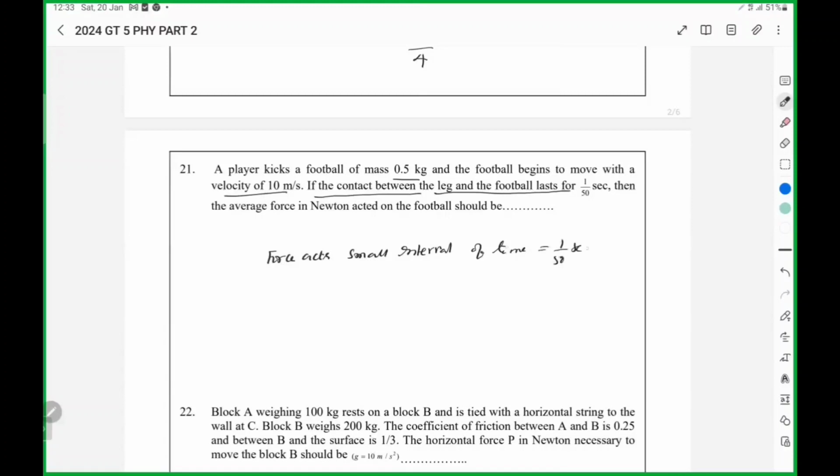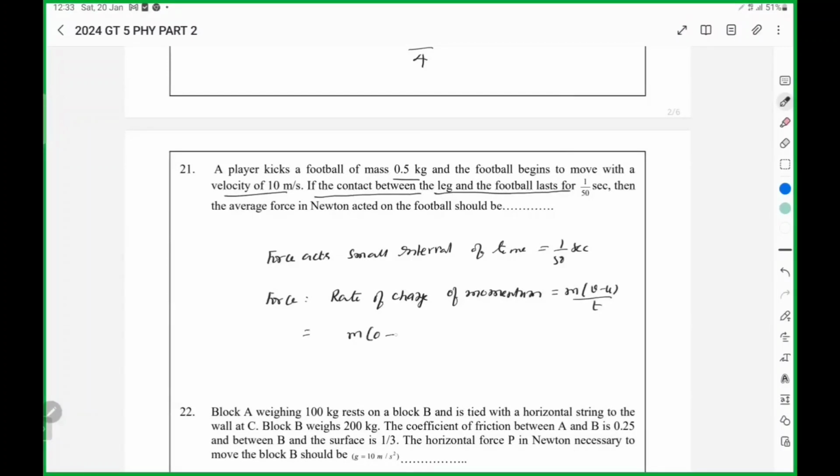Is 1 by 50 seconds. So force is nothing but rate of change of momentum, m times v minus u by t.